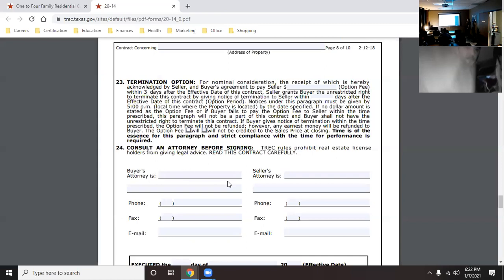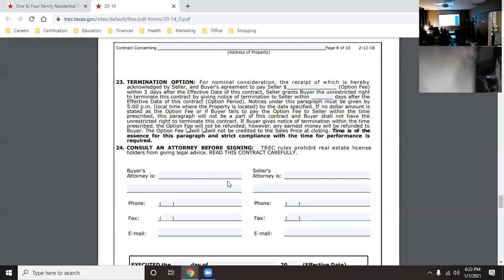If no dollar amount is stated as the option fee, or if the buyer fails to pay the option fee to the seller within the time prescribed in this paragraph, this paragraph will not be part of the contract. And the buyer shall not have the unrestricted right to terminate this contract. If the buyer gives notice of termination within the time prescribed, the option fee will not be refunded.